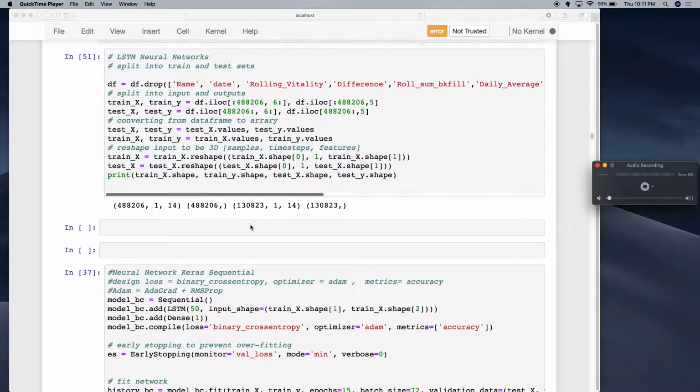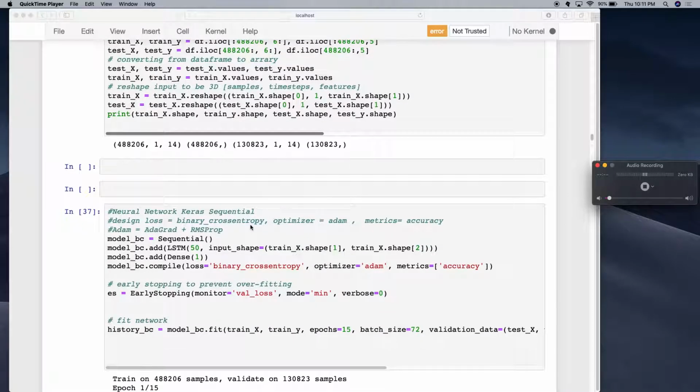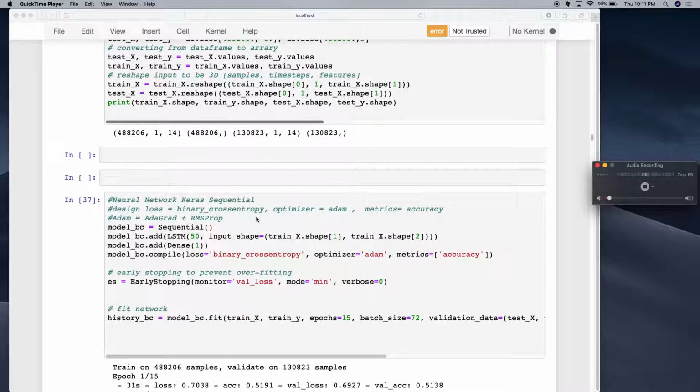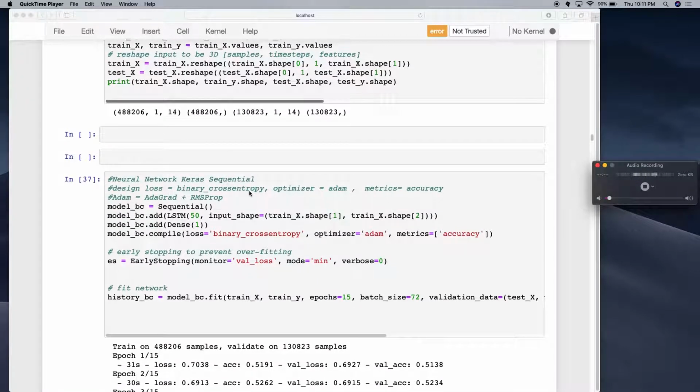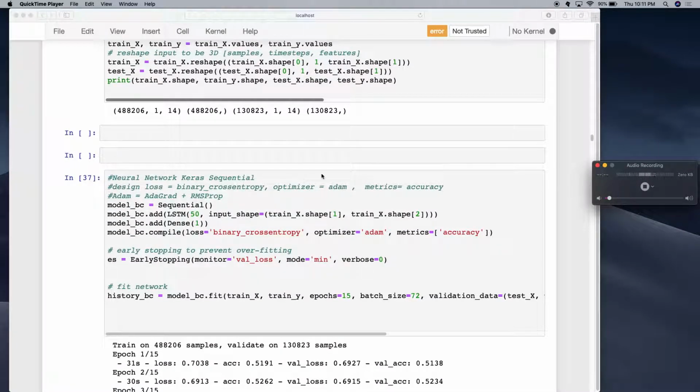The first model that I used is out of Keras, and I used binary cross entropy as my loss function, and that's basically tied to the accuracy. Throughout the iterations, as the loss goes down, the accuracy normally goes up.